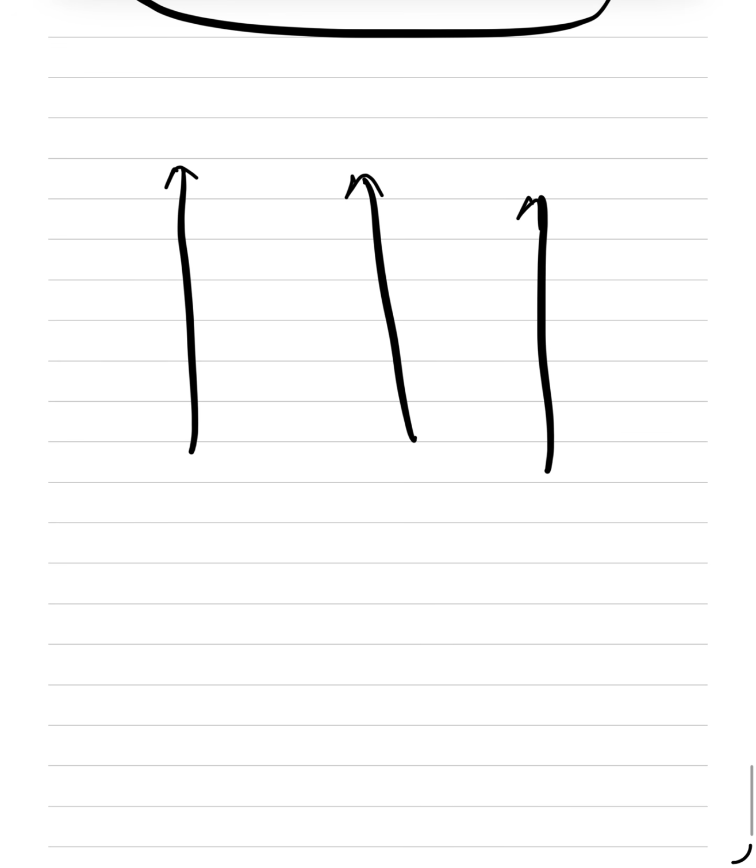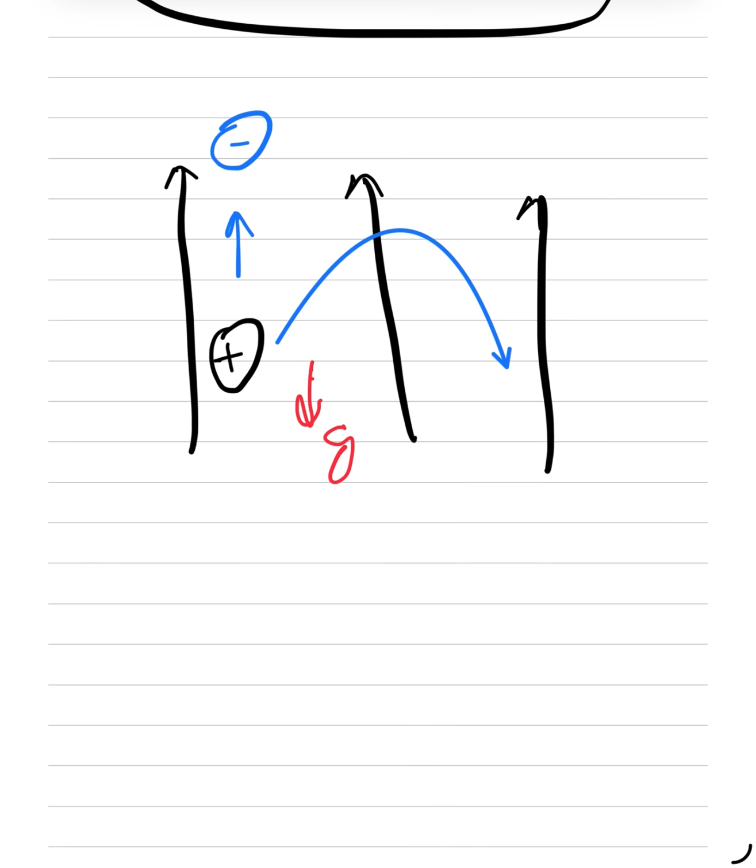Suppose the electric field acts vertically upward and a positive charge particle is projected in the uniform electric field. In this situation, gravity acts vertically downward, and the electrical force acts vertically upward, because the particle is positive and the plate is negative, giving acceleration qE divided by m.